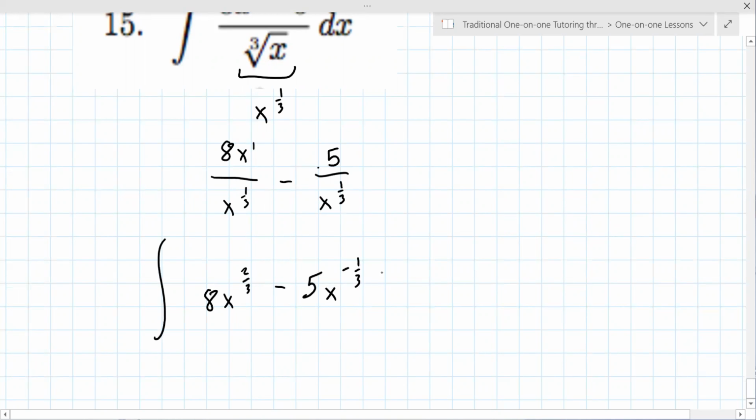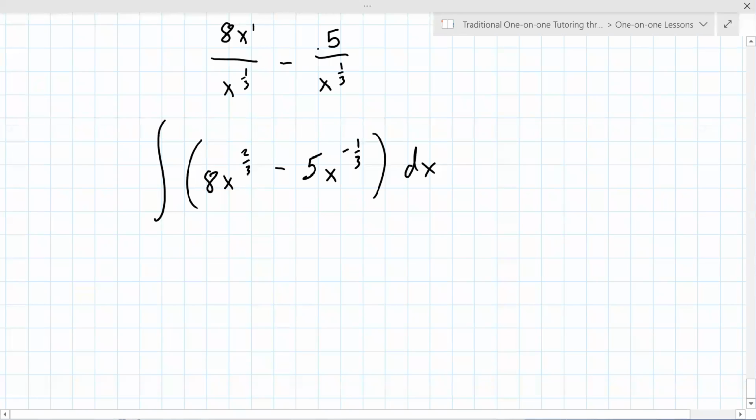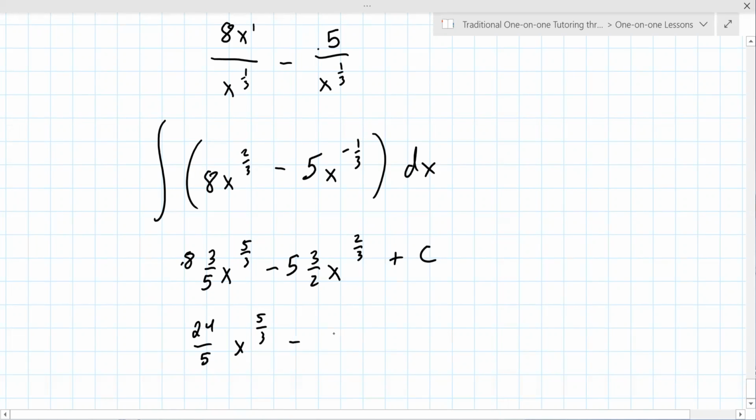And these antiderivatives, while not amazing because they're not nice numbers, they are doable. So you get 3/5 times 8. And then here you got x to the 2/3, 3/2. Yeah, I flip it and put the 5 there. And then you would write 24/5 x to the 5/3 minus 15/2 x to the 2/3 plus c.